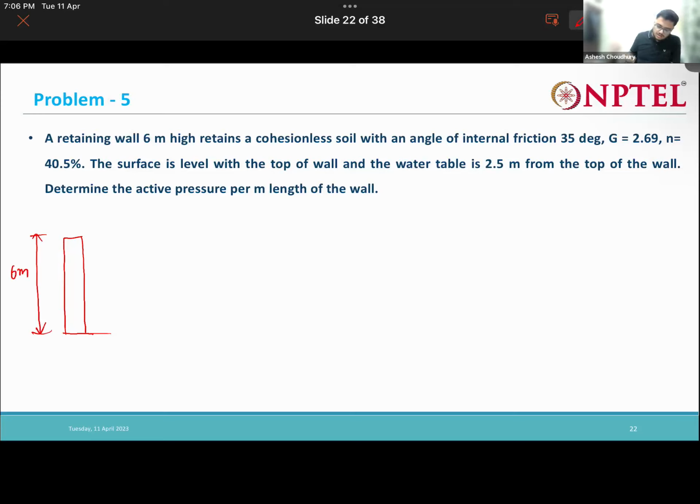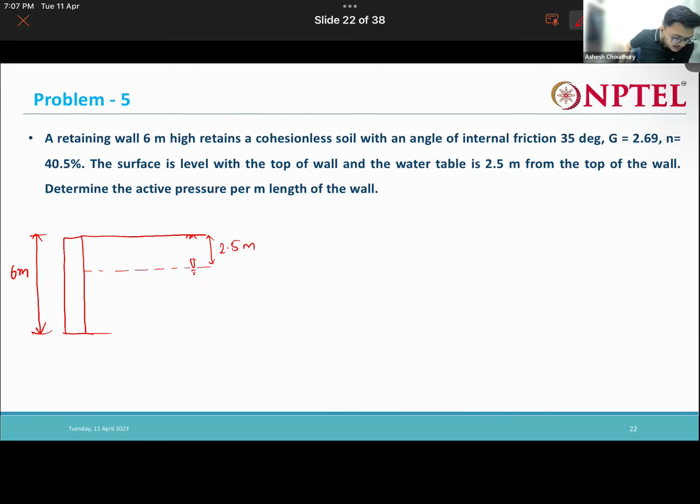A 6 meter wall. Surface is level, and your water table is here. Okay, so this is the scenario.